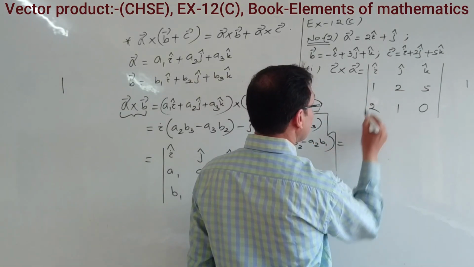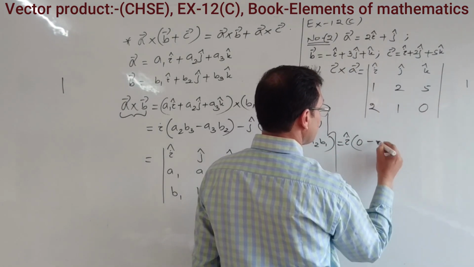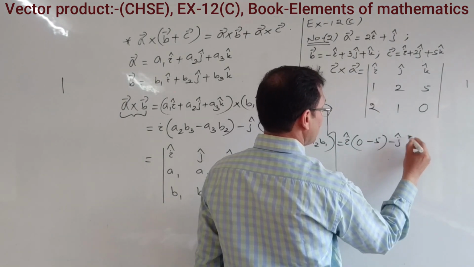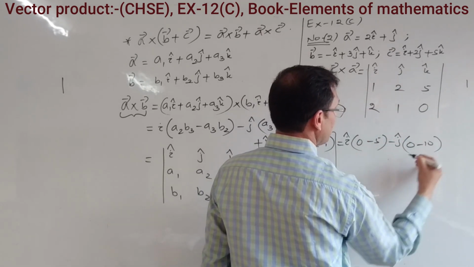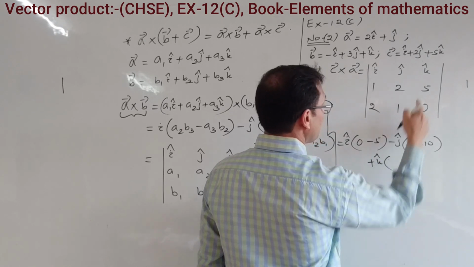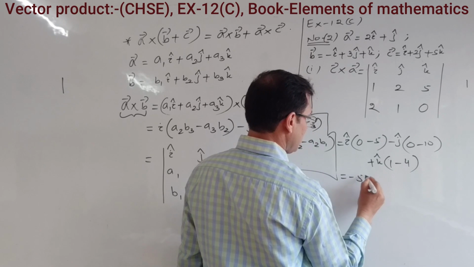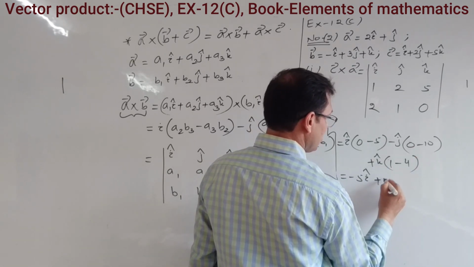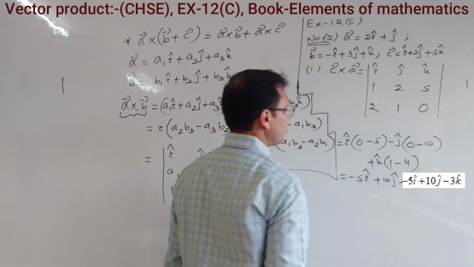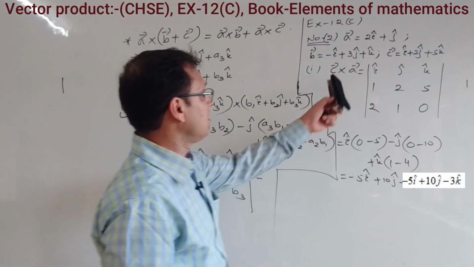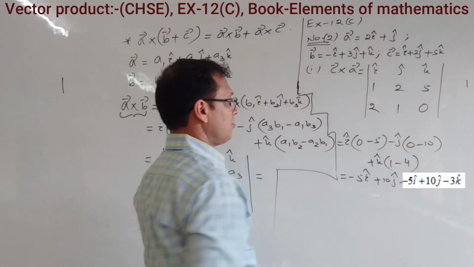This is nothing but i cap whole into 0 minus 5, minus j cap whole into 0, 1 into 0, 0 minus 10, plus k cap whole into 1 minus 4. So that is minus 5 i cap plus 10 j cap minus 4 k cap. So likewise you can find the cross product of any two vectors with the help of the determinant formula.